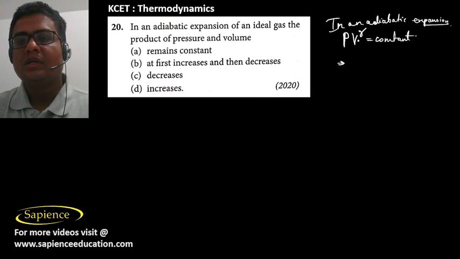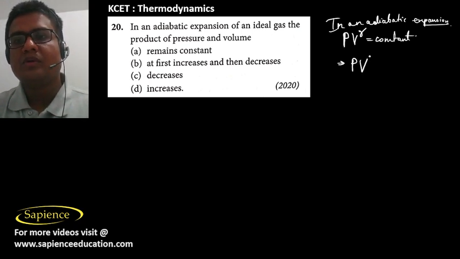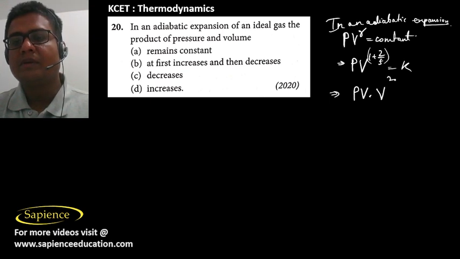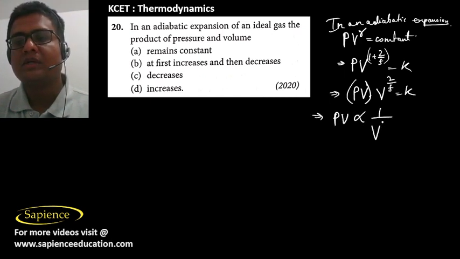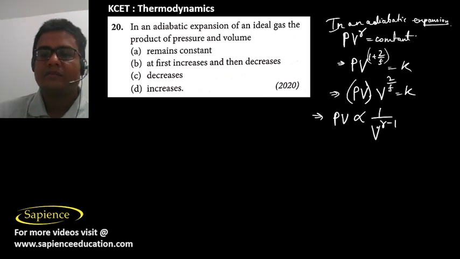Now PV whole power gamma means it is 1 plus 2 by F, that is equal to constant K. So it means P into V into V power 2 by F is equal to constant. So it means that the product of pressure and volume is not constant. And when there is expansion, PV is proportional to 1 by V power gamma minus 1, which is 2 by F actually.